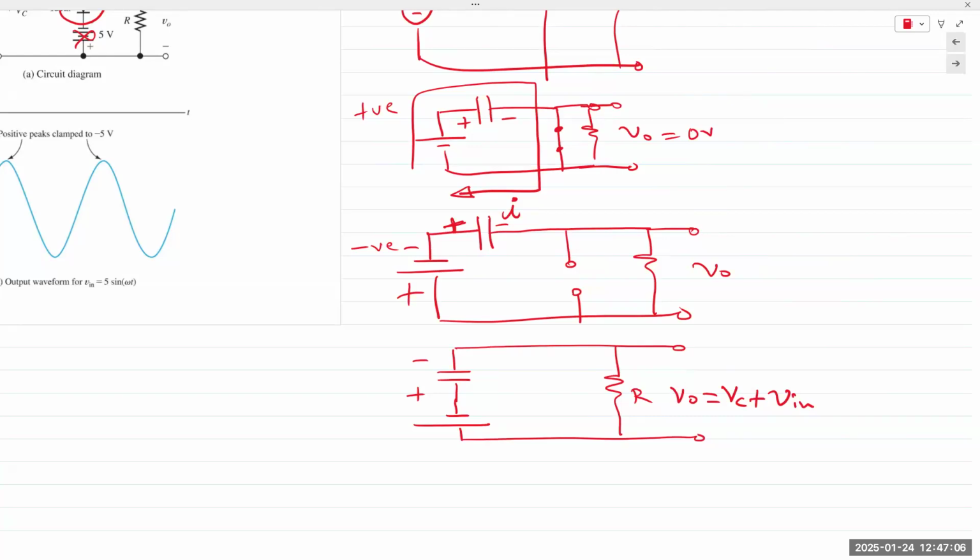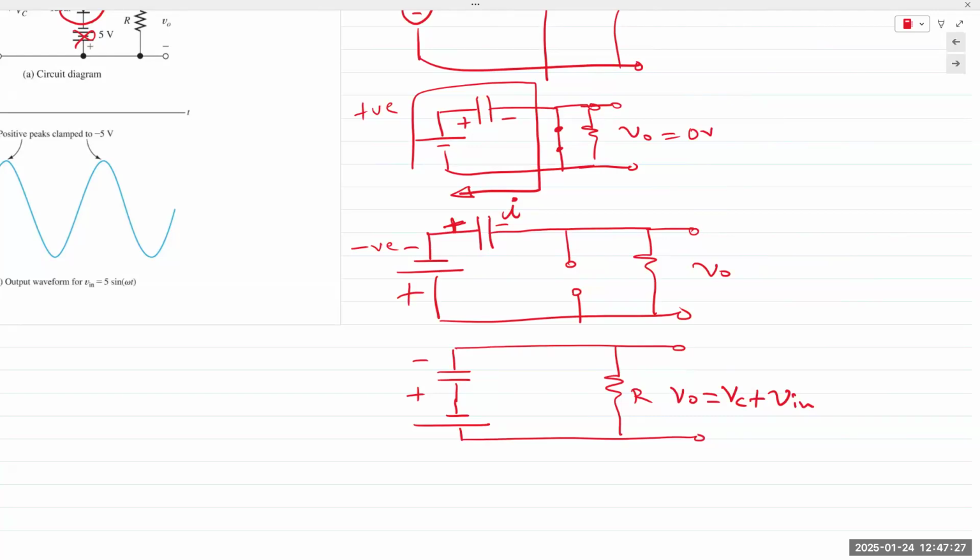The stored energy is now in series with the incoming V in, and all of that is sent to the output. So your output is now VC plus V in. And so whatever V in value you have, capacitor is like a DC, right? It's fully charged, it's DC. It cannot discharge very quickly.